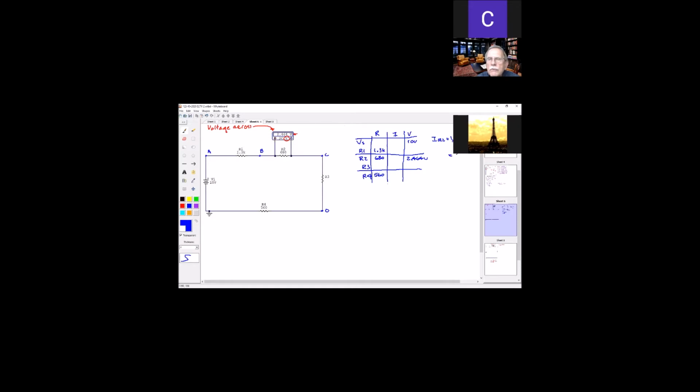So I have 2.464 volts divided by 680. And if you do that, that works out to be 3.624 milliamps.